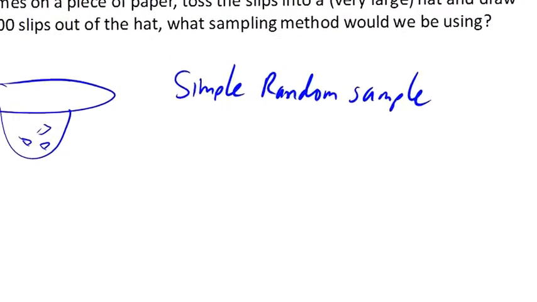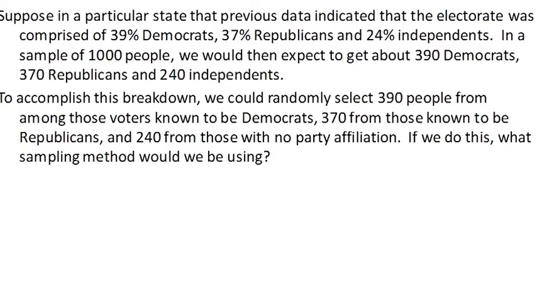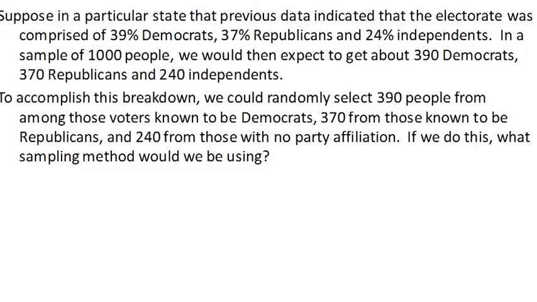So, for example, suppose that in a particular state, previous data has suggested that the electorate was approximately 39% Democrats, 37% Republicans, and 24% Independents. In a sample of 1,000 people, let's say we're doing a political poll, we want to make sure that we get about 390 Democrats, 370 Republicans, and 240 Independents.